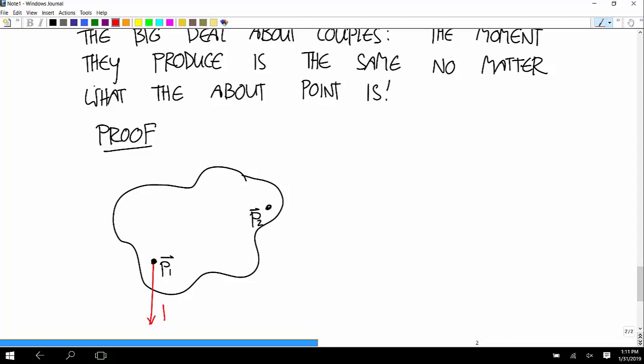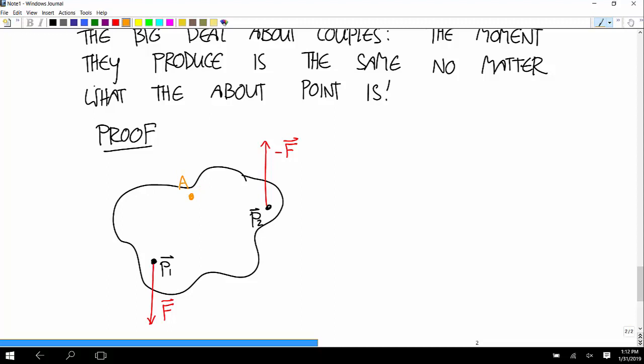I'll call that one force F, and they're equal and opposite, so that one has to be the force negative F. And then we'll choose some arbitrary about point, which I'll call the about point A.